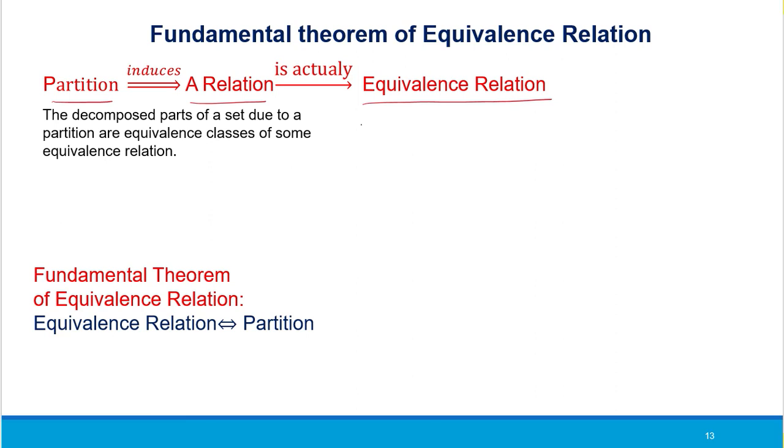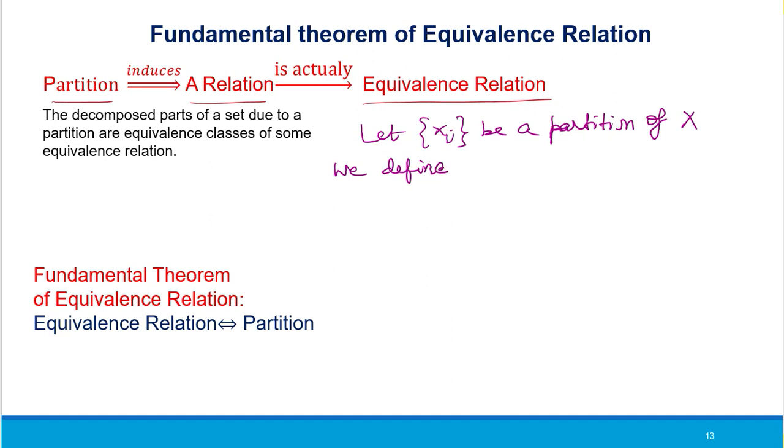Let Xi be a partition of X. We define A R B if A, B belongs to Xi for the same i.